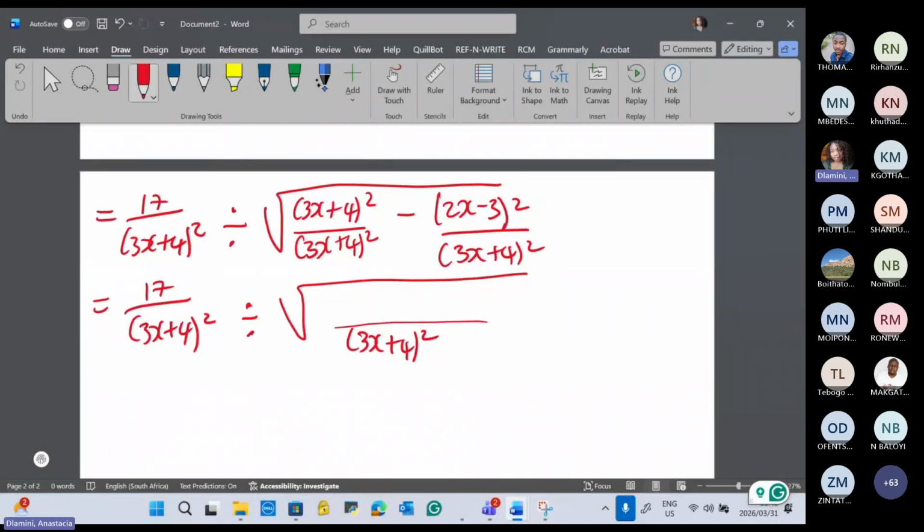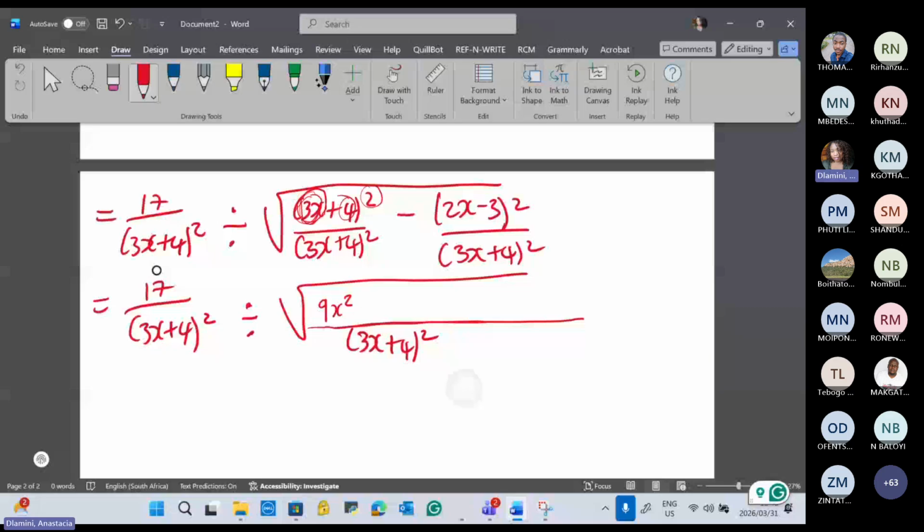If you can do expanding very quickly, it's fine. But look at this. We square the first term, isn't it? Yes. So this becomes what? 9x squared. And then we say 2 times 3x times 4 is what? 24x.